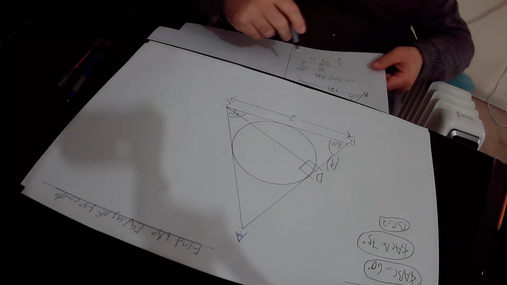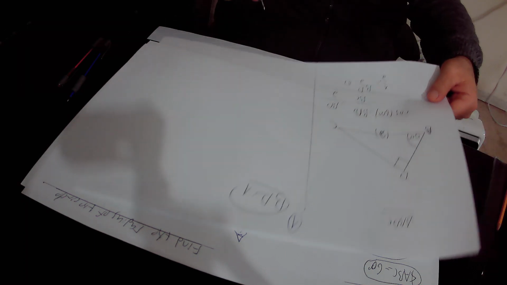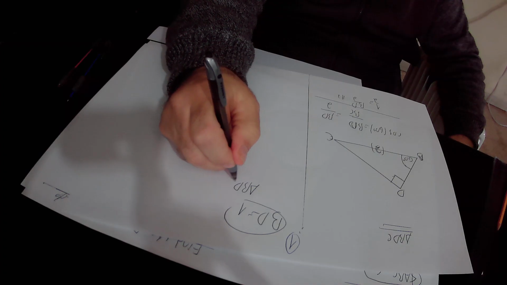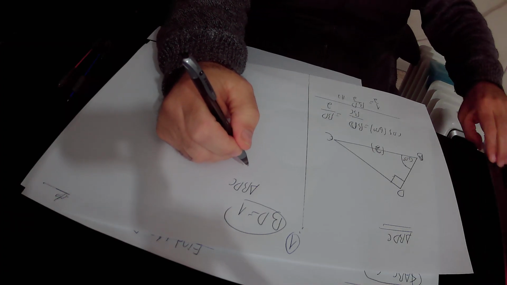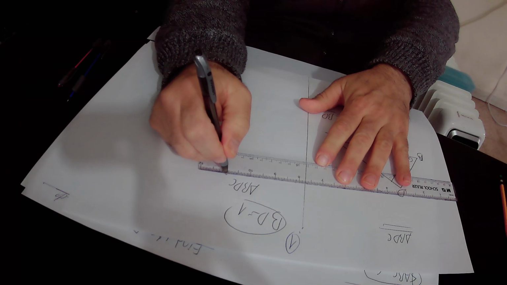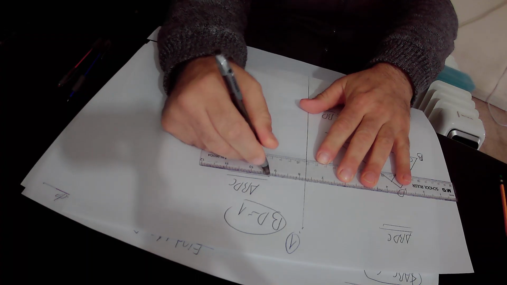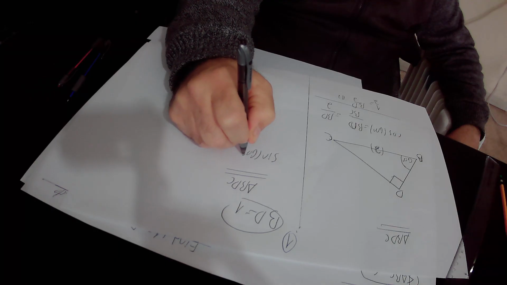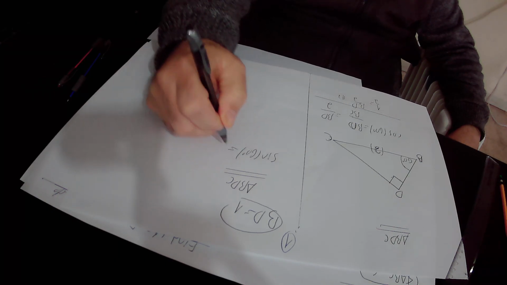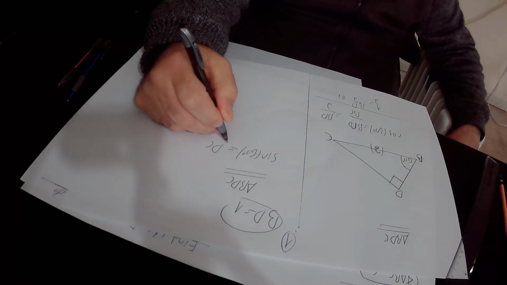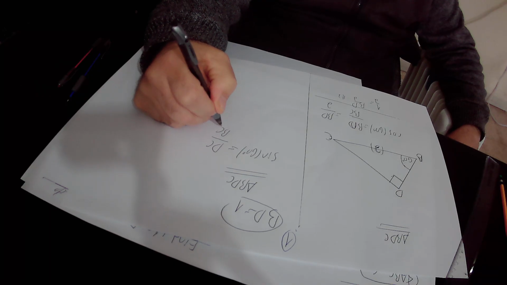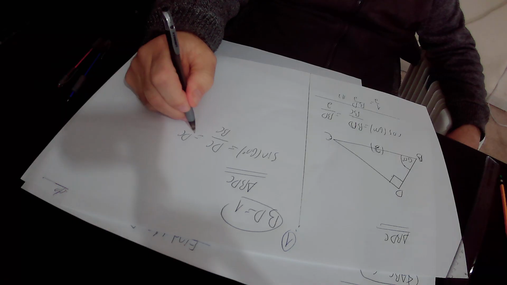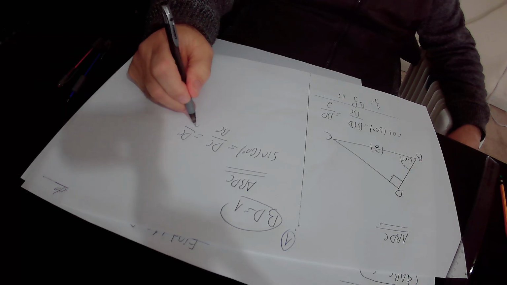We'll continue to focus on the right triangle BDC. In the right triangle BDC, sine 60 degrees equals DC over BC. BC is 2.